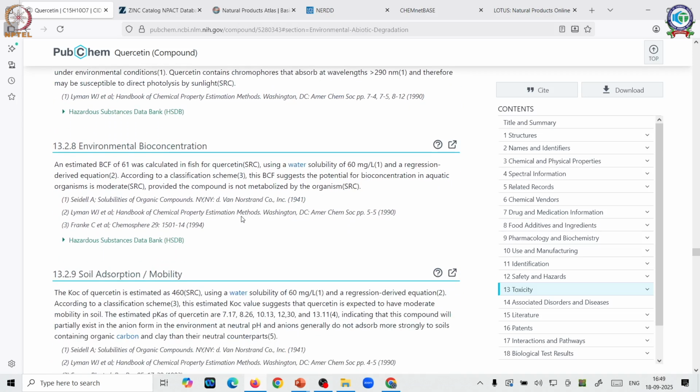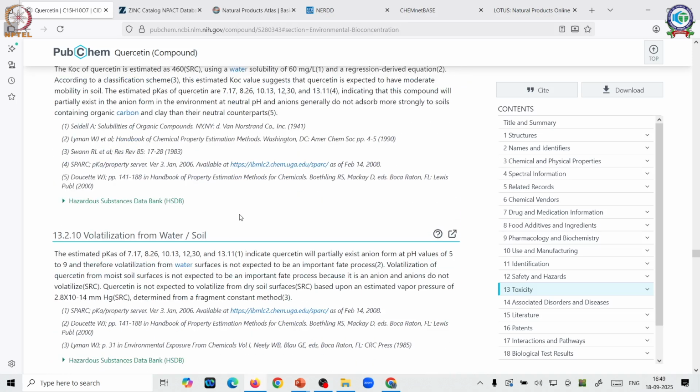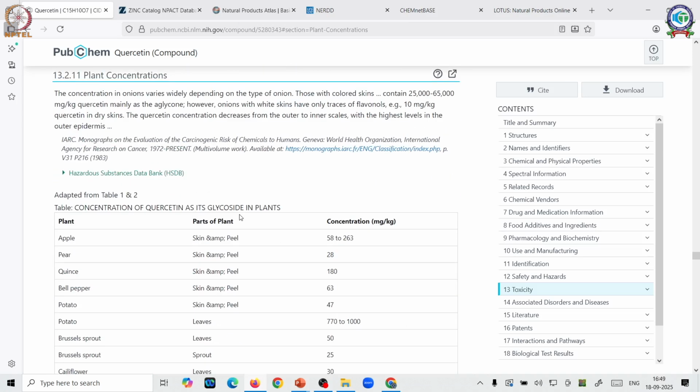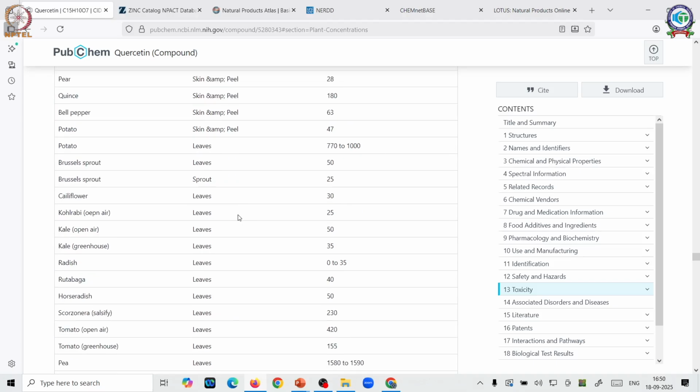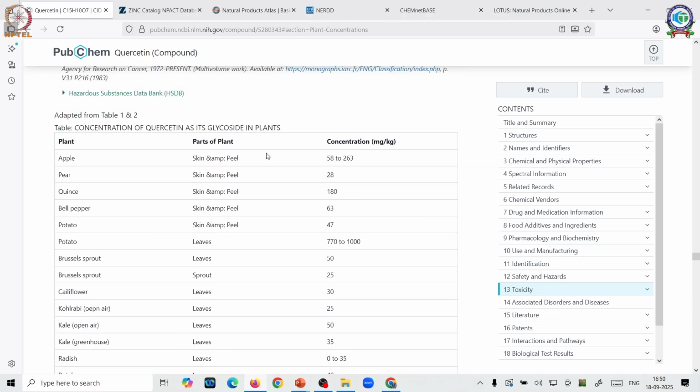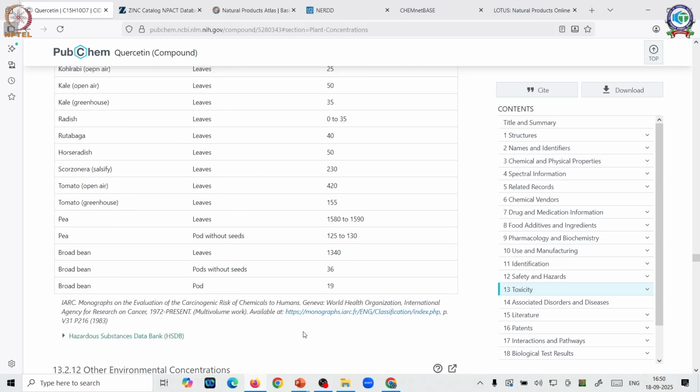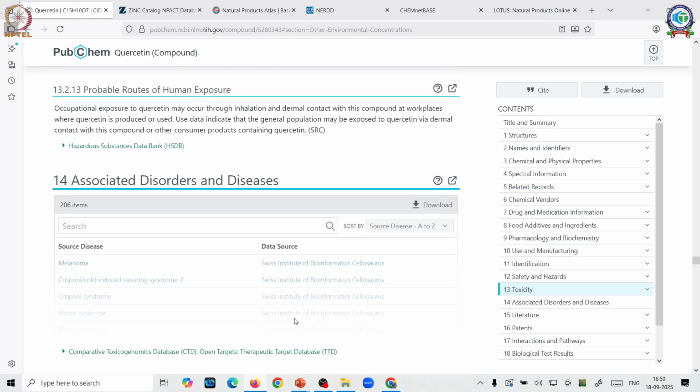Environmental deterioration, concentration, soil adsorption. See the amount of depth they have gone to in curating this, where all it occurs and at what concentration. So you can just say that this quercetin or its glycoside is present in apple at this concentration, pear at this concentration. Otherwise it's difficult to search it paper wise.